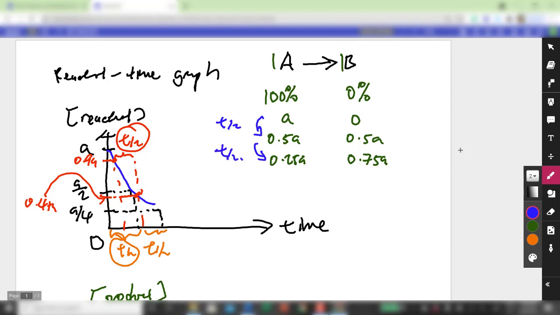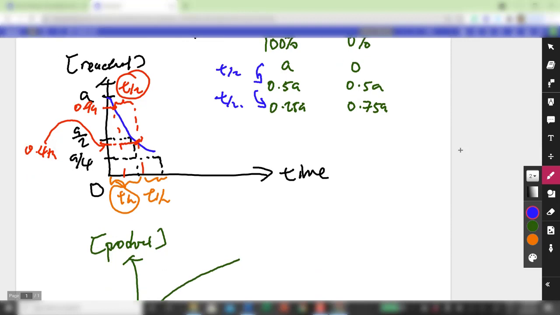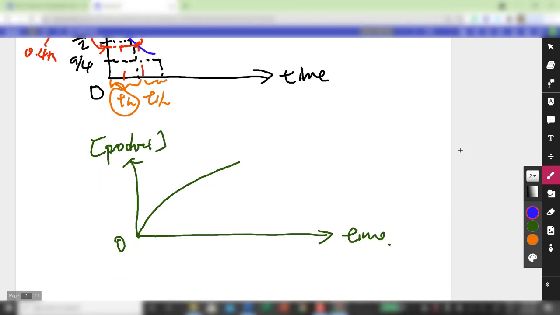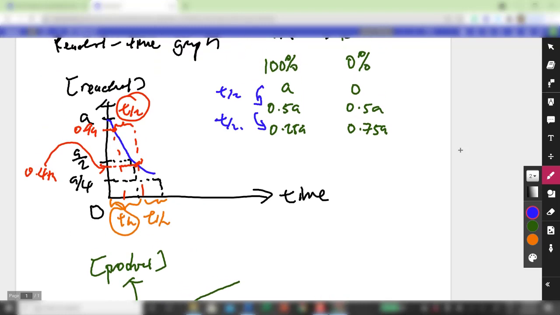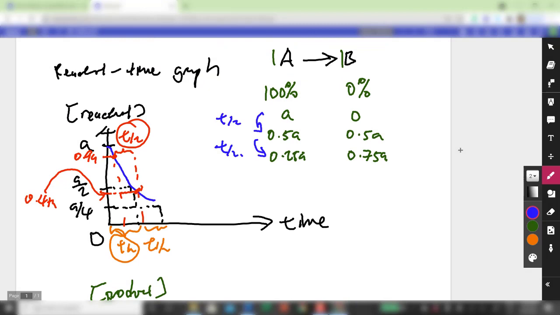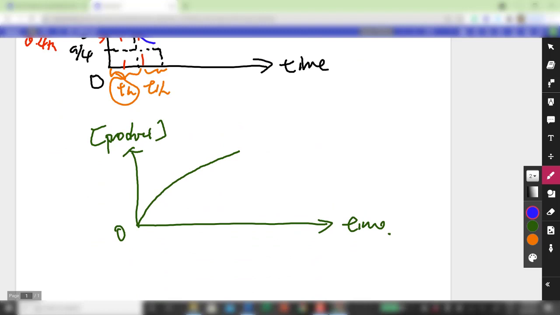So for product time graph, the first t-half we should be getting is actually based on the potential total amount of product I can get from A. If all the A reacted, then the amount of B I'll get is actually A. So very importantly, you need to start from A.